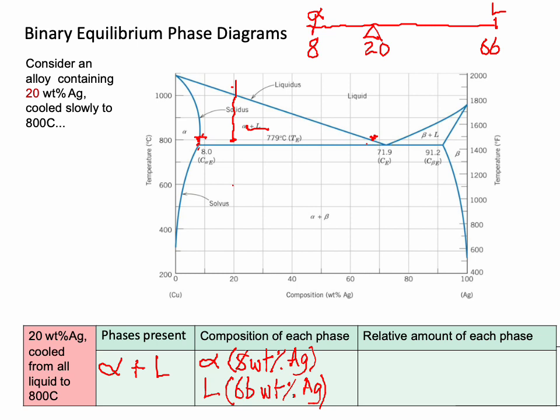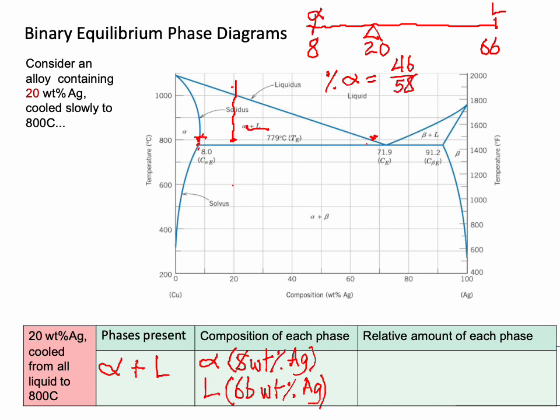So the percent alpha is the length on the other side of the fulcrum, 66 minus 20, so that's 46, over the total length, 66 minus 8 would be 58.